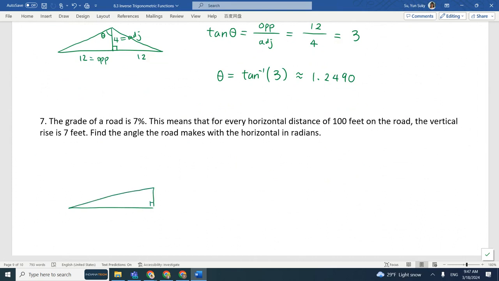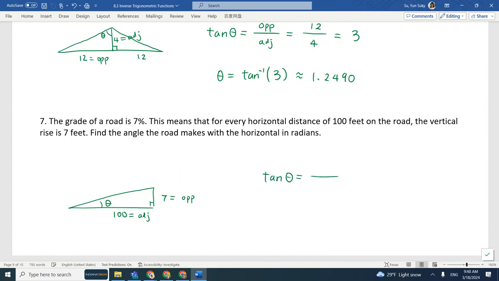All right, let's check our answers. So we have horizontal distance, 100 feet. Rise, 7 feet. We're looking for the angle made with the horizontal. So what is 7? Opposite. What is 100? Adjacent. What trig function do you use?